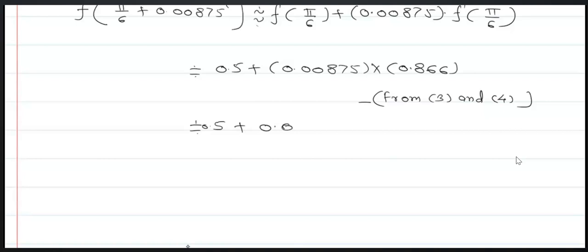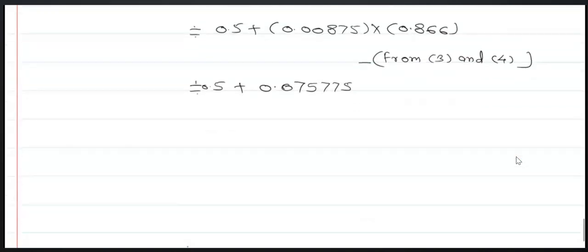That is 0.5 plus 0.075775. Add it, then you will get 0.575775.